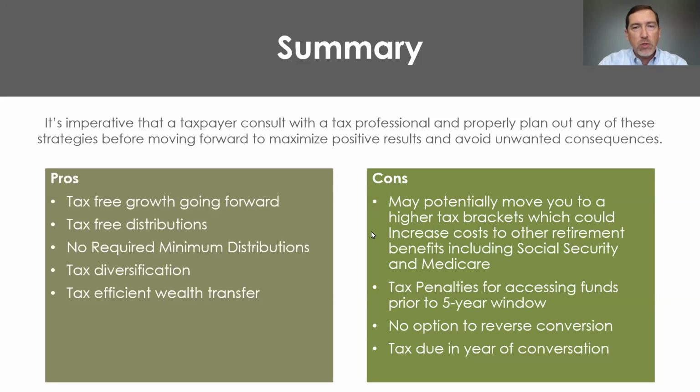So some pros, just to reiterate: you've got tax-free growth going forward in a Roth IRA. You've got tax-free distributions, no required minimum distribution, which is huge. You've got tax diversification, and tax-efficient wealth transfer. And for tax diversification, there's one really good example.